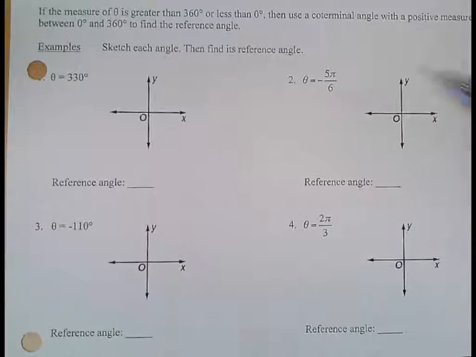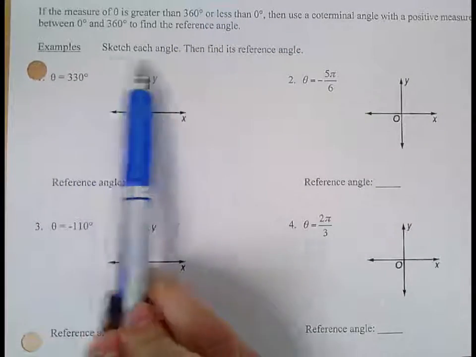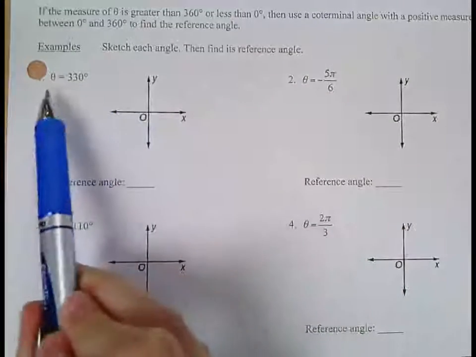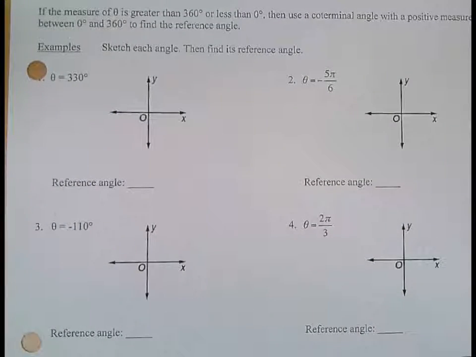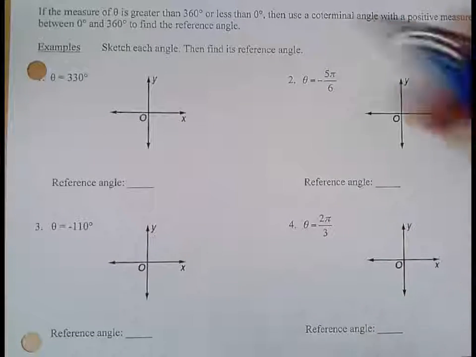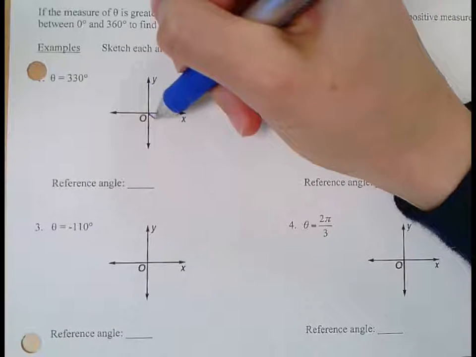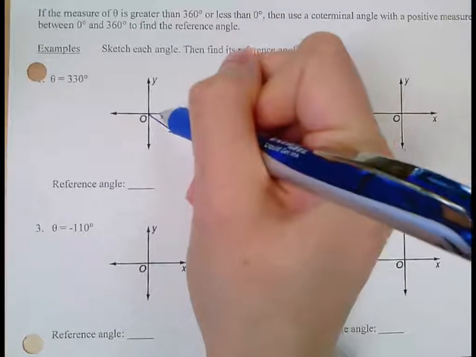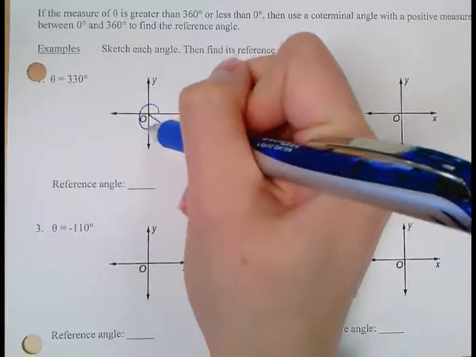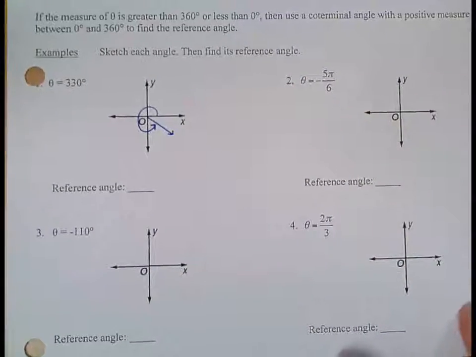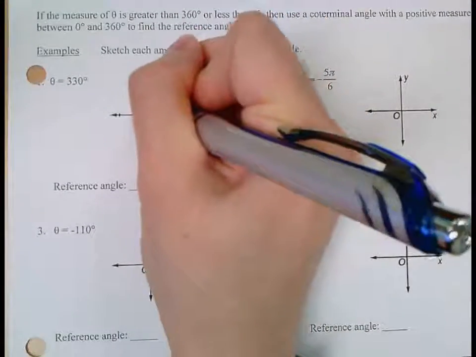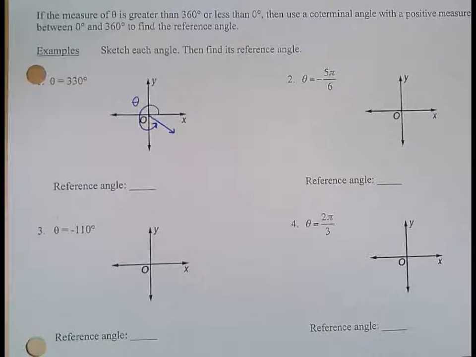So for example 1, we're sketching the angle and then finding the reference angle. We're going to sketch the angle 330 degrees in standard form, and that is on your unit circle. So the terminal side would be about here. I'm just going to draw from 0 degrees around to show that theta is 330 degrees.